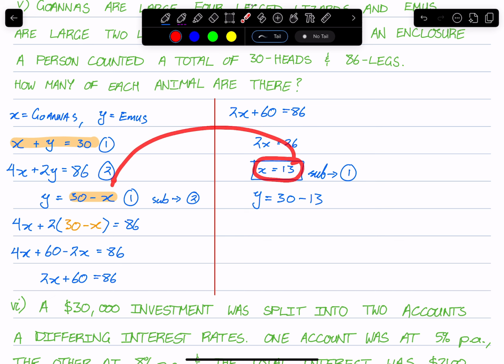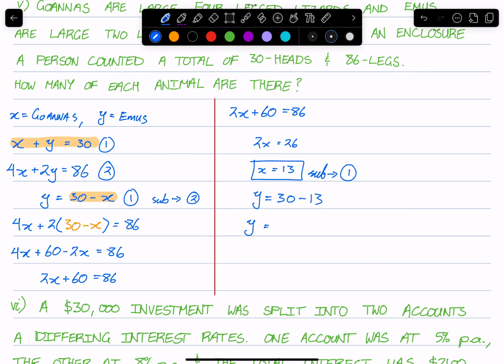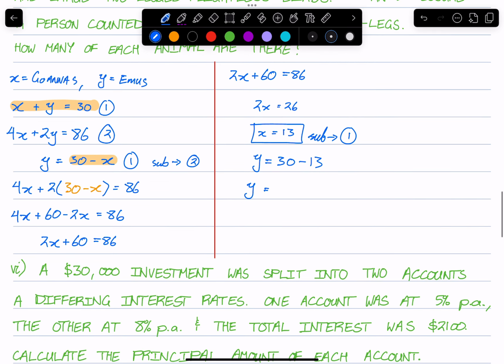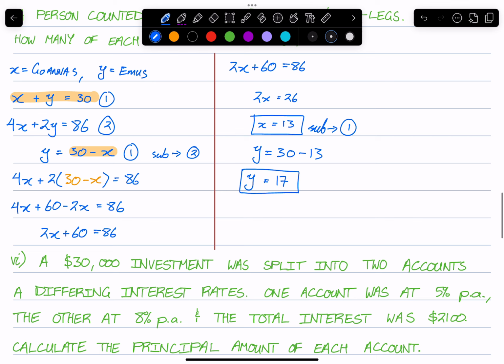This 13 is now going here, which will give us y equals 30 minus 13 is 17. And there we go. So there are 13 goannas and 17 emus.